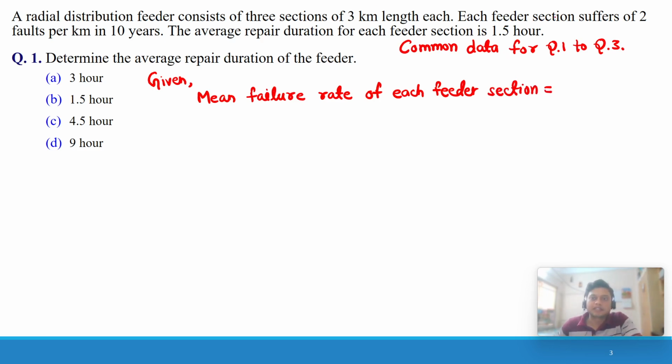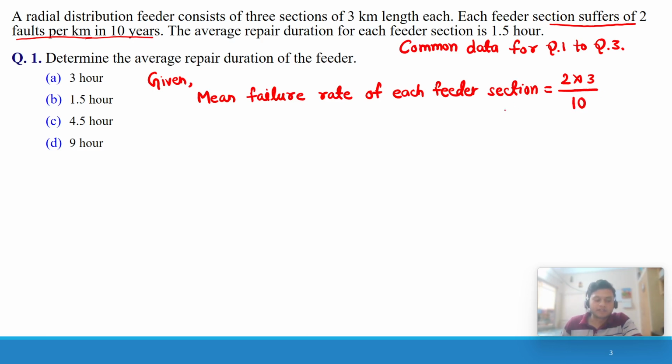How can we write it? It is given that each feeder section suffers two faults per kilometer in 10 years, and each feeder section is of 3 kilometer length. So how many faults will there be for 3 kilometers? 2 cross 3, 6 faults. If you want to find it for each year, then you have to divide it by 10 because it is the number of faults in 10 years.